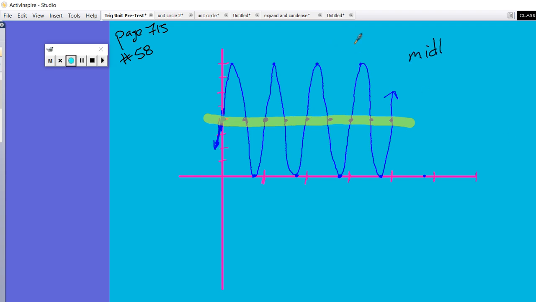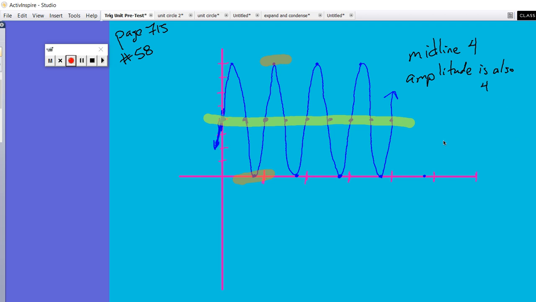So it has a midline of 4. The highest point that it goes from the midline is up 4. The lowest point it goes from the midline is down 4. So that means the amplitude is also 4.